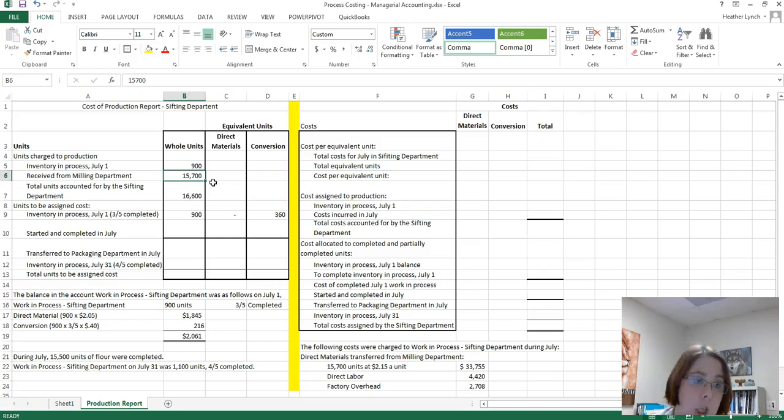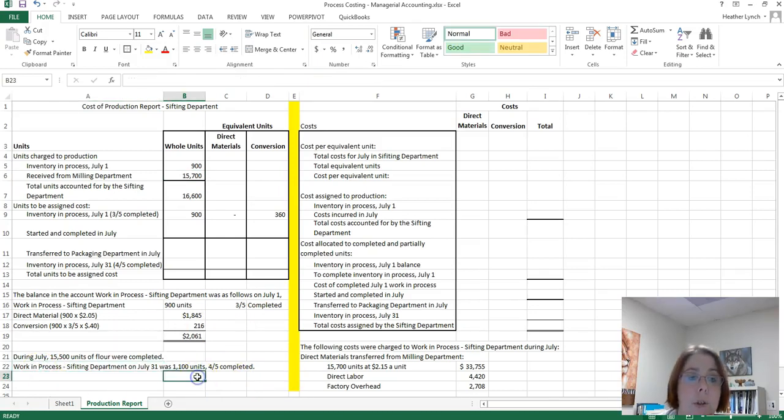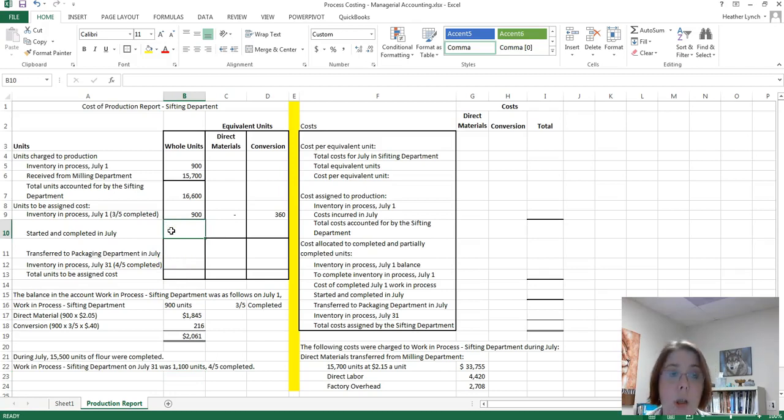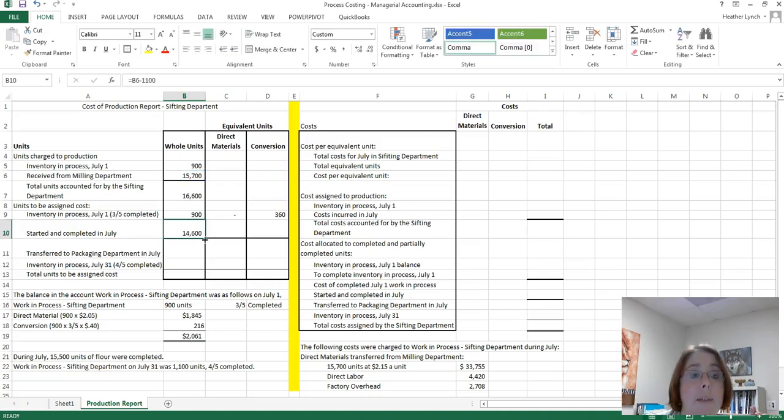In our information down below, they show work in process, sifting department on July 31st was 1,100 units that were 4/5 complete. So we take the 15,700 minus our 1,100 that's still in process, and that gives us our started and completed in July.